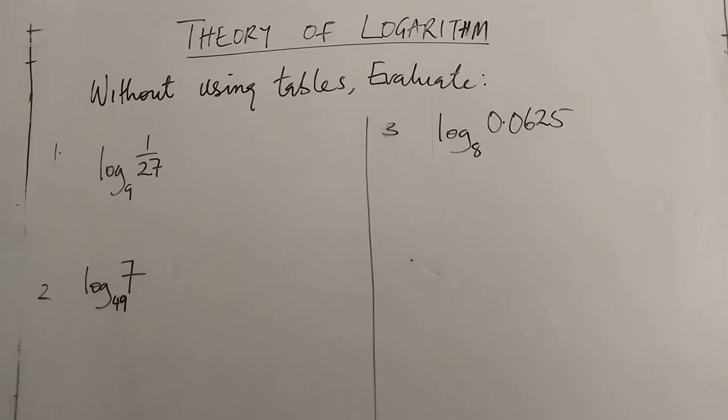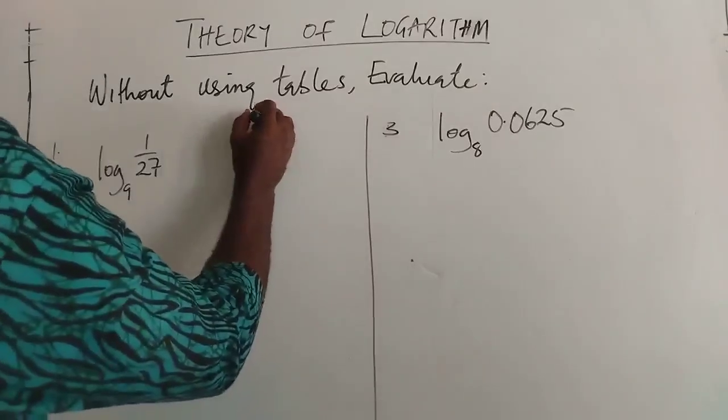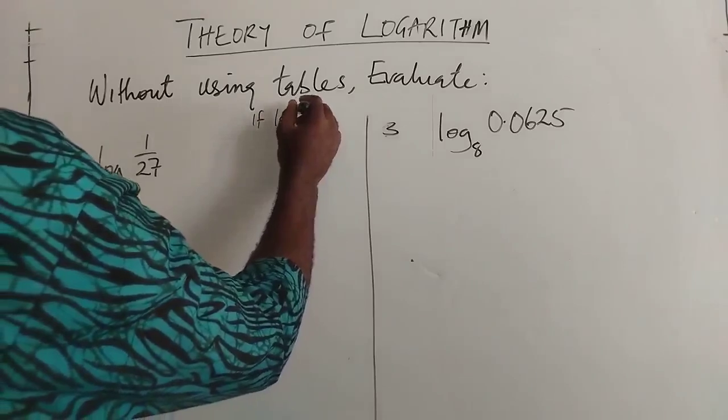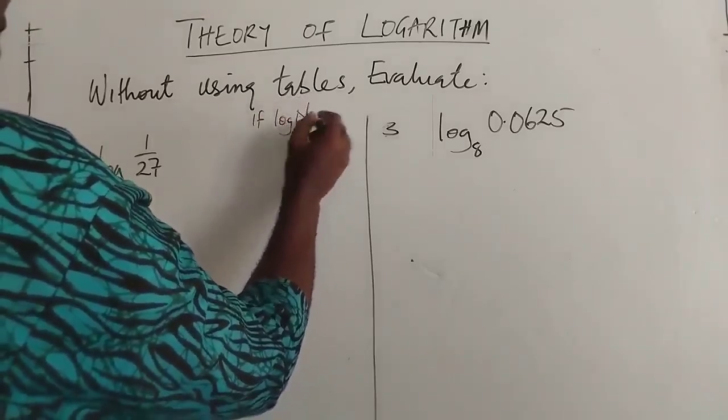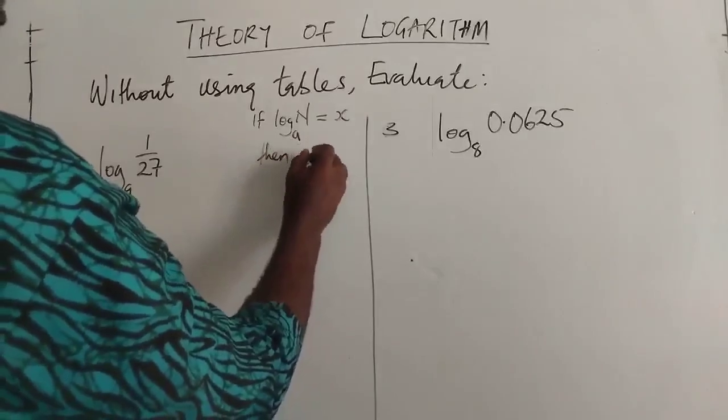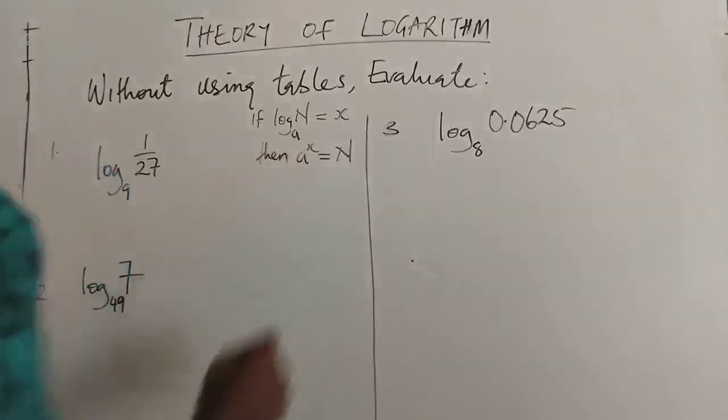When we say without using tables, we are talking about calculators and 4-figure tables. That is the statistical tables. For you to evaluate these logs, there is a theory of logarithm which says that if log n base a is equals to x, then a raised to power x must surely give you n.